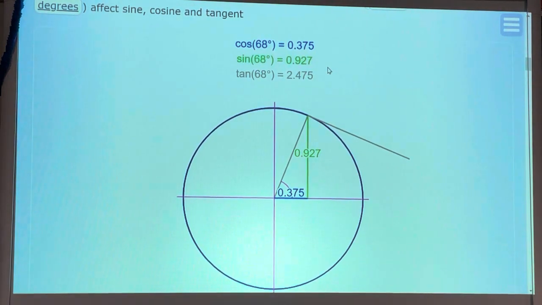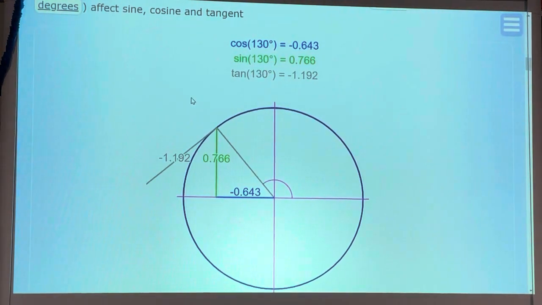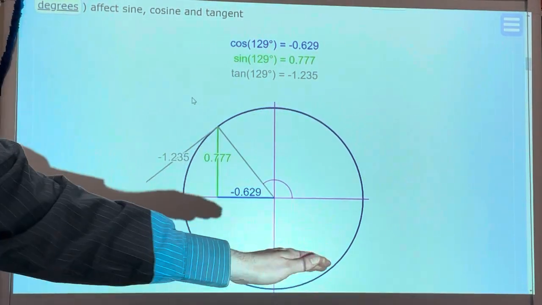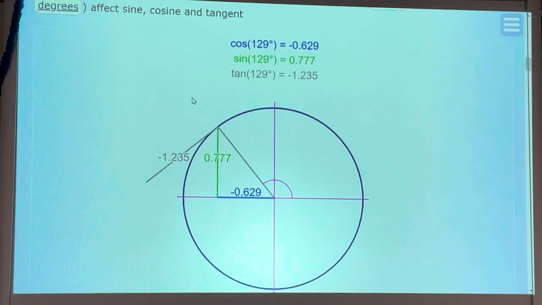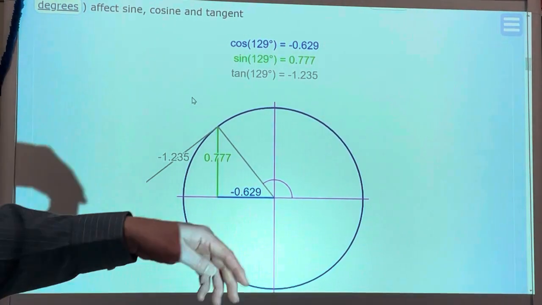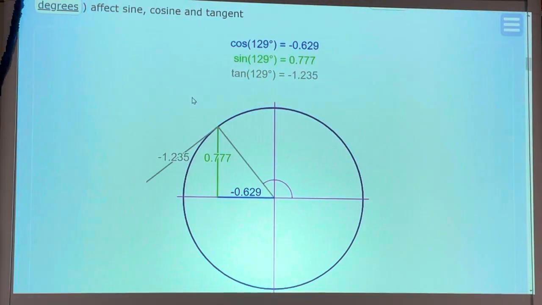Even tangent, because a positive divided by a positive is a positive. But when we go to quadrant 2, we have that negative x value. So cosine becomes negative. Sine is positive. Why is tangent suddenly negative? Well, because tangent is a positive divided by a negative.